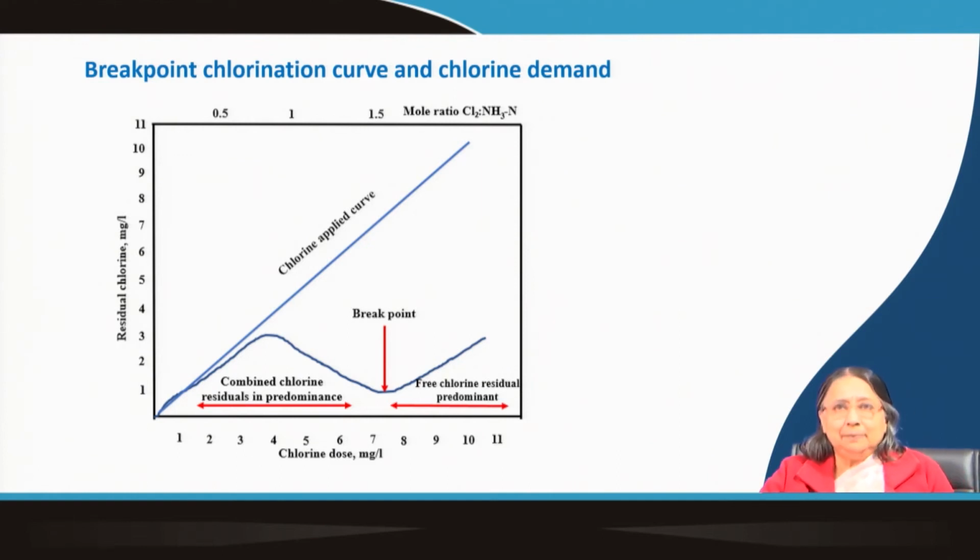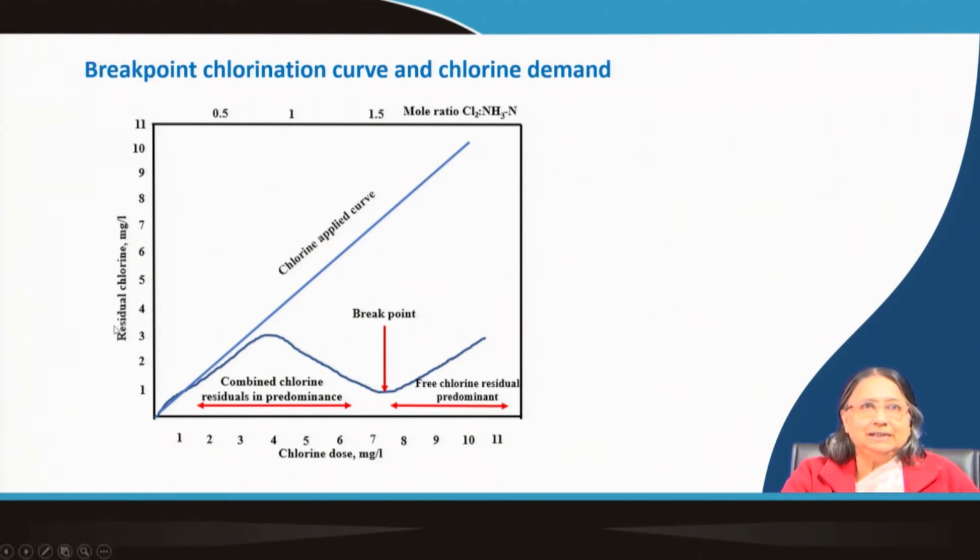So, we take the same sample, same volume in different containers, and then we apply the chlorine there at different doses. Okay. We keep it for some time, that is contact time, and after that we measure the residual chlorine, how much is present, and then we plot the residual chlorine against the applied dose.